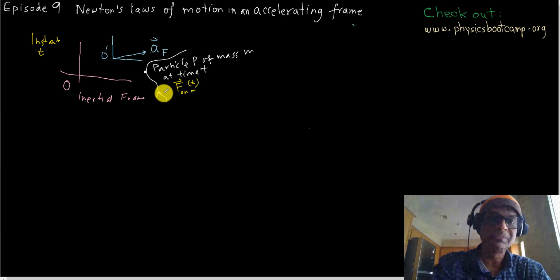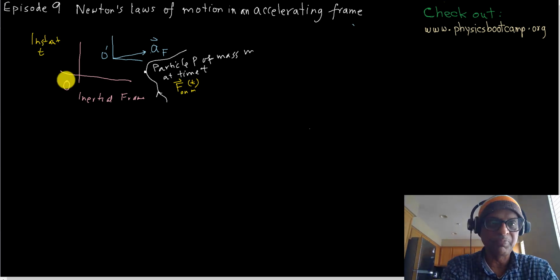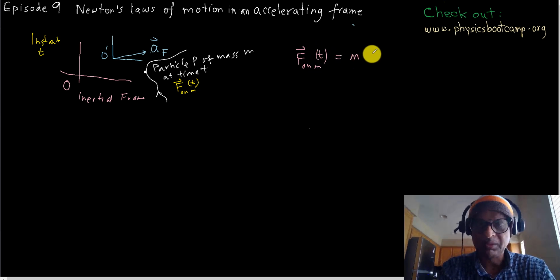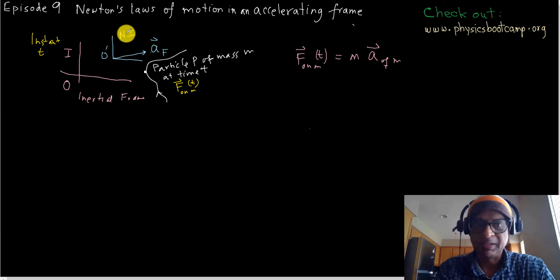So we want to write the law for this. First notice that as far as the inertial frame is concerned, we already know F on M at this instant equals mass and A of M in this frame, so in the inertial frame.